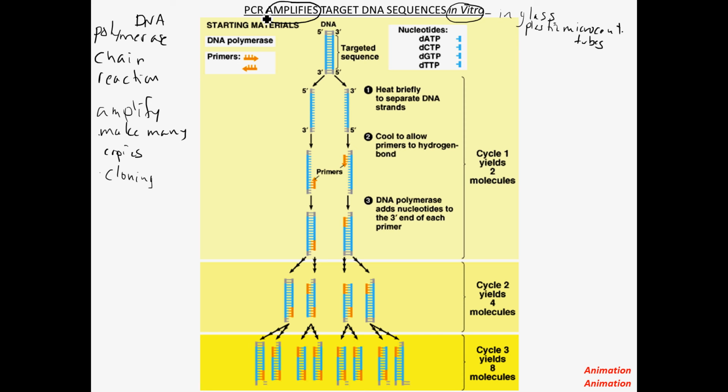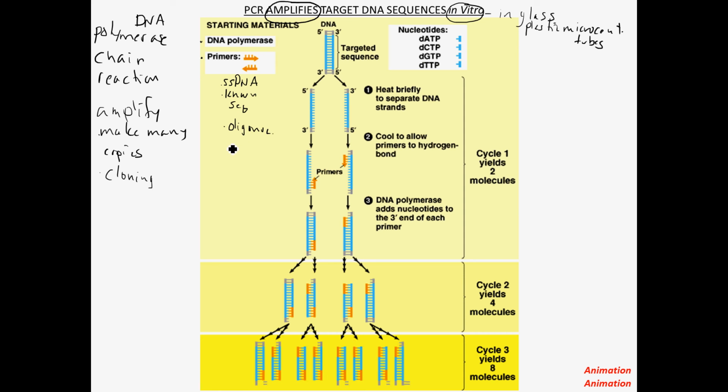So, what do we need? You need a DNA polymerase. You need primers, and again, these primers are single-stranded DNA primers. They are known sequences. They are short, so they are oligonucleotide sequences.